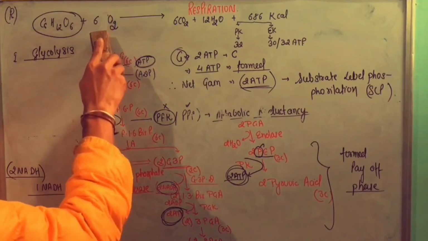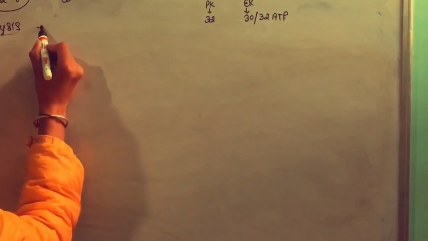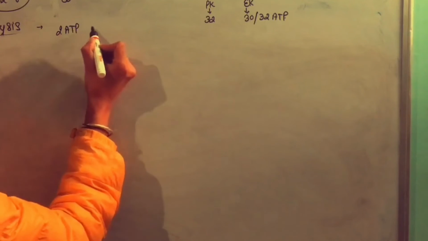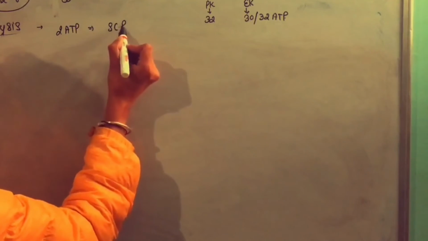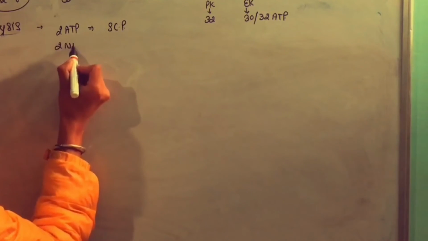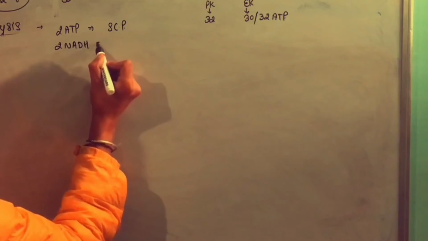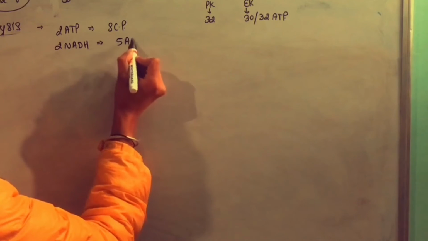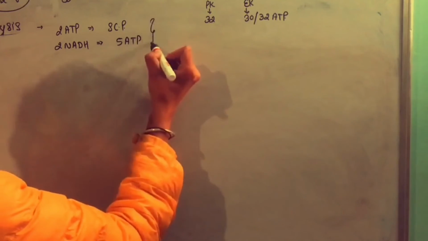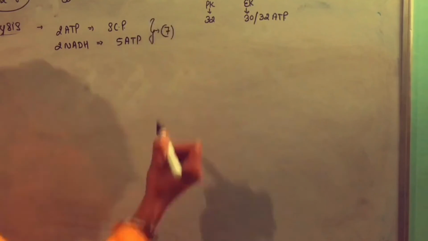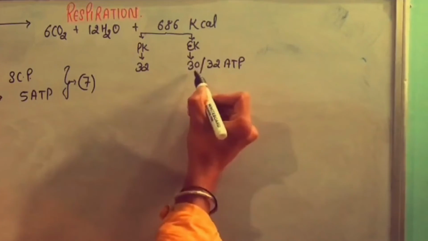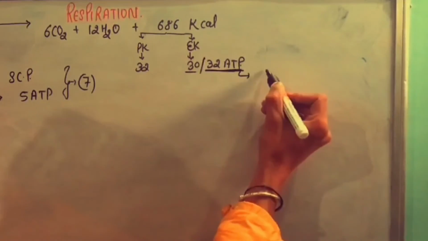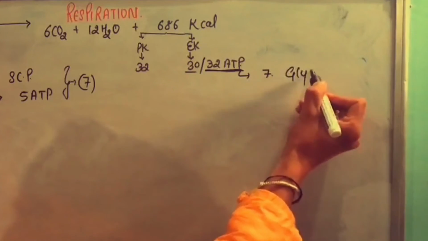So in glycolysis, 2 ATP are formed by SLP and 2 NADH. These 2 NADH will form 5 ATP. Therefore, in glycolysis, a total of 7 ATPs are formed. So out of 32 ATP, 7 are formed during glycolysis.